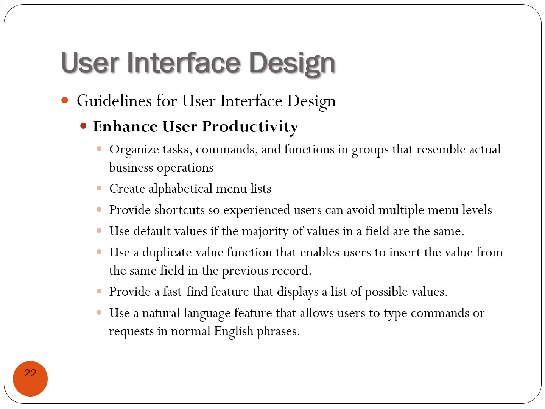Next, use a duplicate value function that enables users to insert the value from the same field in the previous record. Provide a fast find feature that displays a list of possible values. And the last one, use a natural language feature that allows user to type commands or requests in normal English phrases.